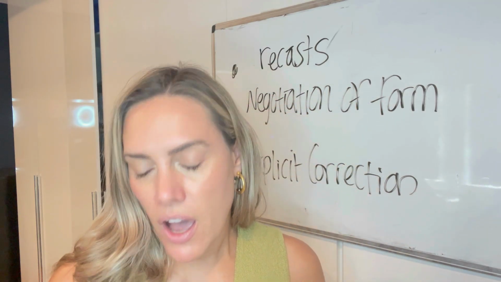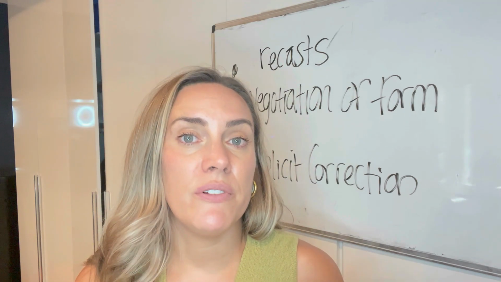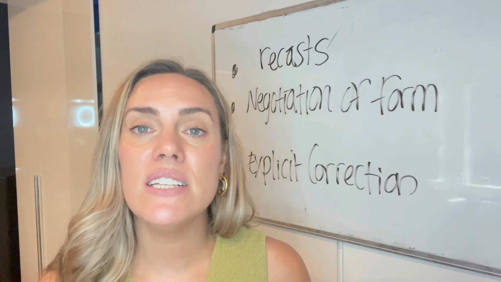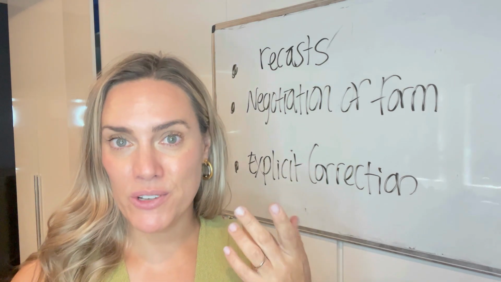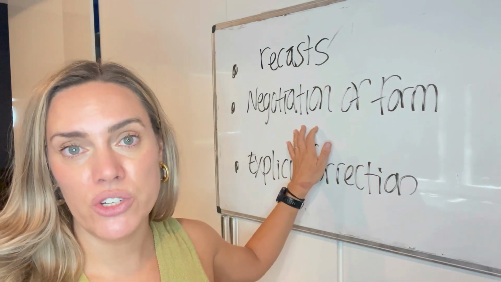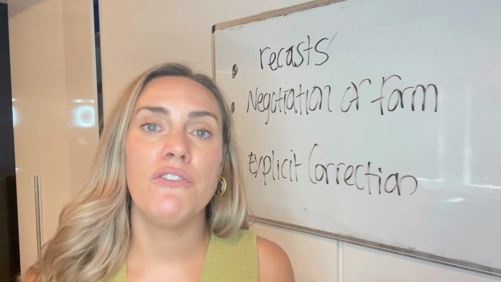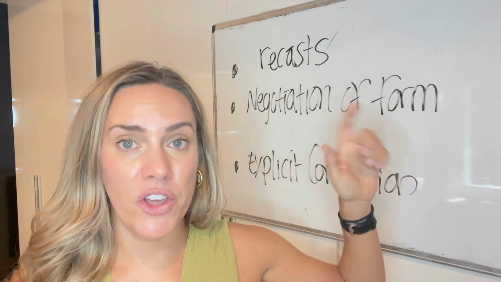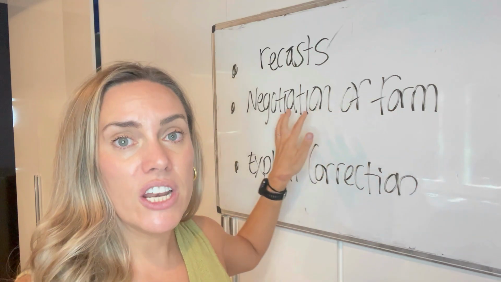All right. Another way in which we can provide negative feedback to help learners when they produce an error is by providing them with the opportunity of negotiation of form. Negotiation of form means we're negotiating the form, the error. We are negotiating.